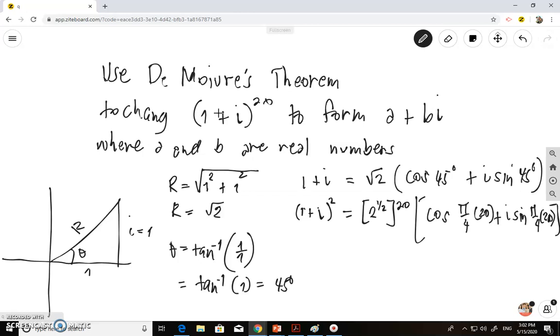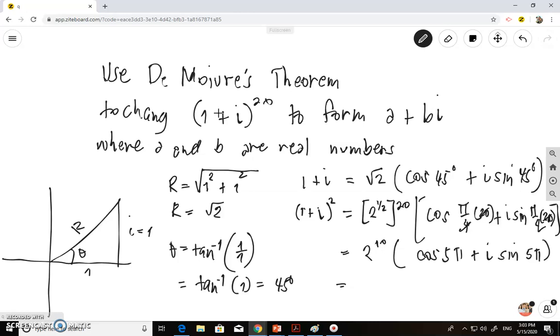So we will have 2 to the power of 10 times cosine 5 pi plus i sine 5 pi. With the use of our calculator, you can convert this into degrees. 5 times 180 is 900.